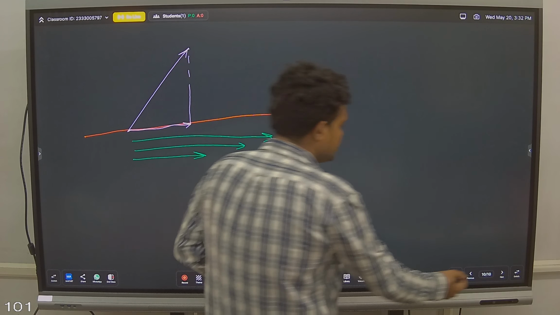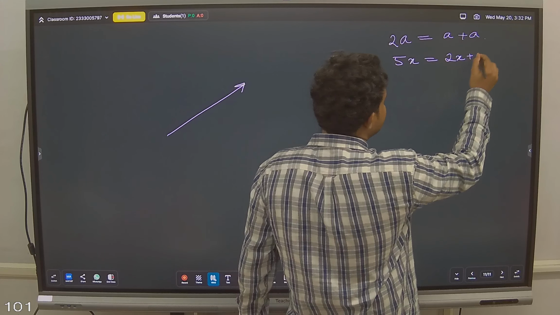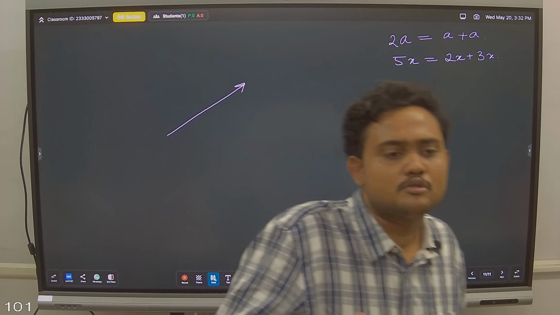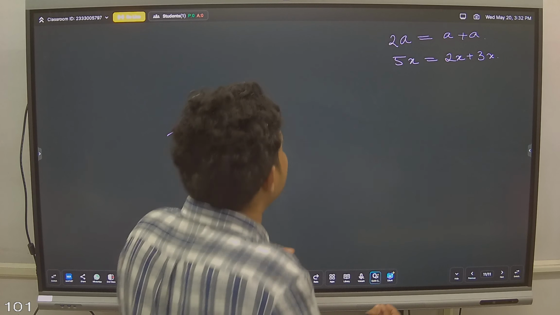In an equation, you can write 2a equal to a plus a, right? Or you can write 5x equal to 2x plus 3x, to maybe factorize or do some weird stuff like that. You can express something as the sum of two other terms.